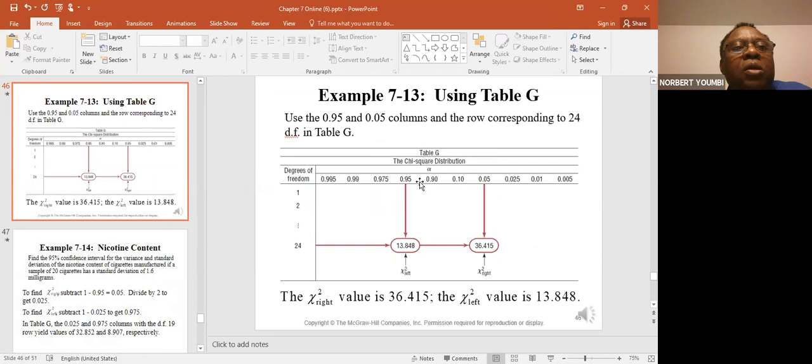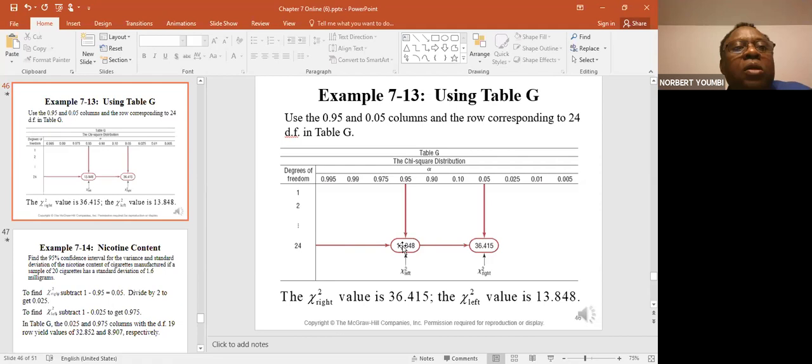So this is what you will see on your table. Under the degree of freedom of 24, you will first get 0.95. That is kind of midway between 90 and 100, 0.95, and then 0.05, which is 100 minus 95, essentially. With the degree of freedom of 24, you get these two chi-square values.